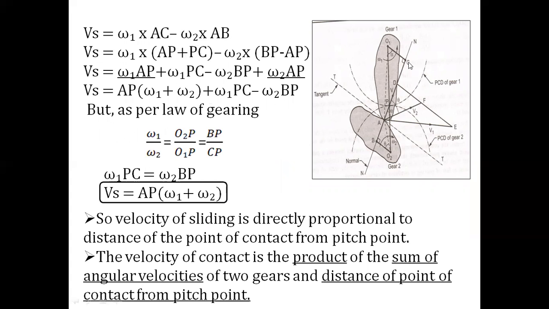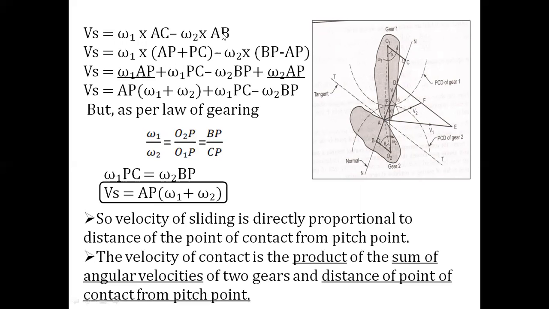But what is AC? Again, we are considering this length in which there is the point of contact. AC is equal to AP plus PC, see here in this figure.